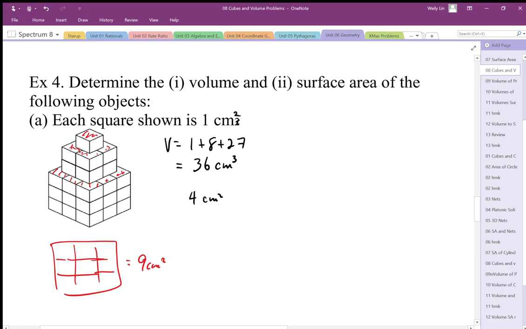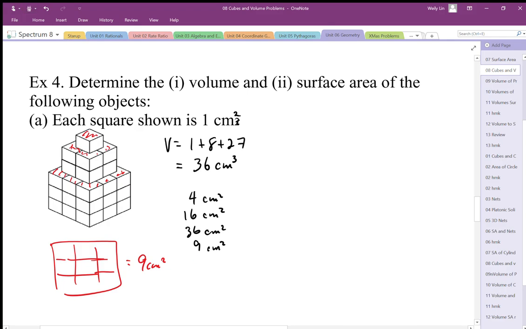For the next one, there's 4 by 4 centimeters, so 16 centimeters squared. And this is 9, and there's going to be 4 of those as well. So we go 36, and then there's the bottom, which I could have added to that one, but I'm going to add it to the bottom. Okay, so that's the bottom, and then I'm going to add the top.